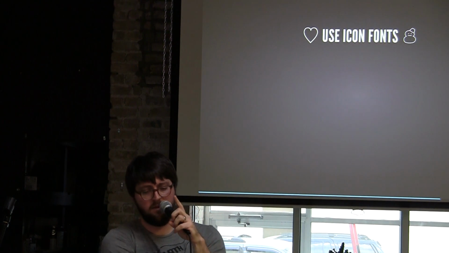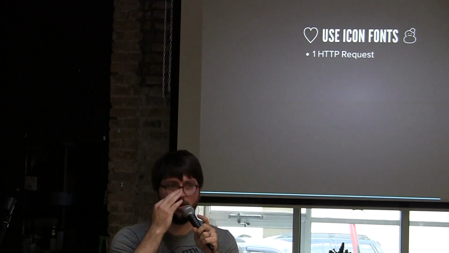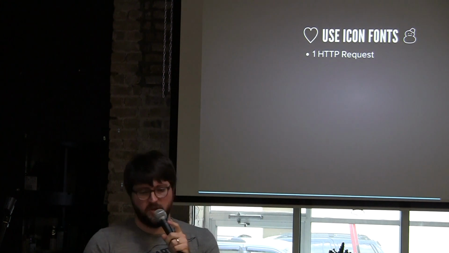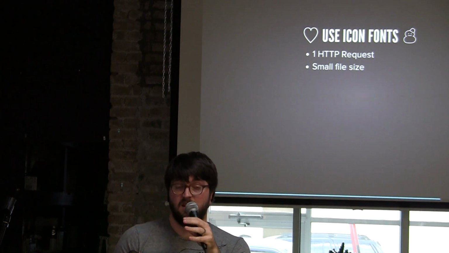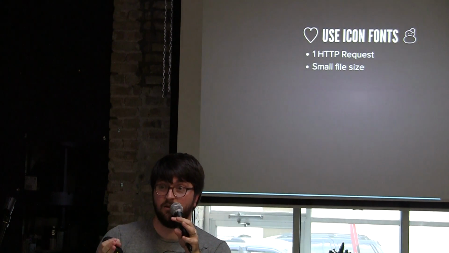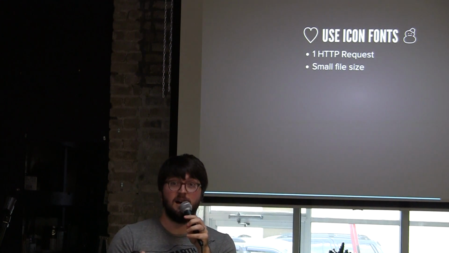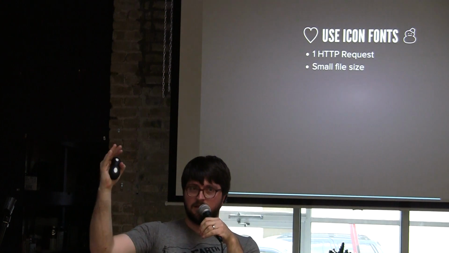The reason it's better is because it's just one HTTP request. If you were going to request a bunch of SVGs, that would be a lot of load on a mobile phone. They're super small in file size. Generally, icon fonts are like 15 kilobytes or something, which is super awesome compared to all those icons you cropped and exported, or that 9,000 meg sprite you made.